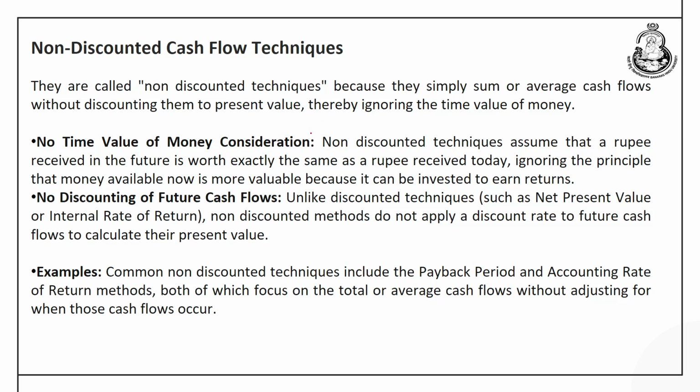Number one, it does not give any consideration to the time value of money principle. That means a rupee received today is equal to a rupee received tomorrow, but this is not true in real life, because money received today can be invested in some projects whereby a rate of return would be generated for the company.